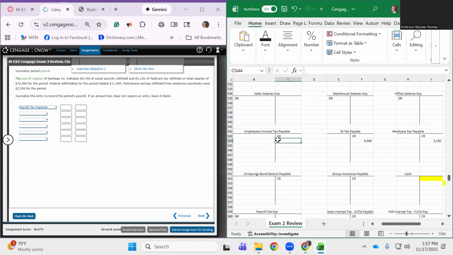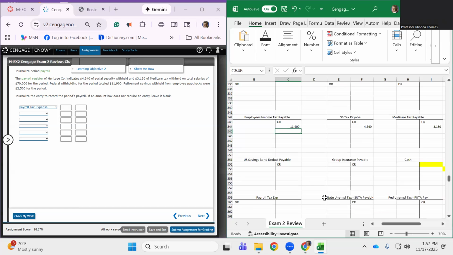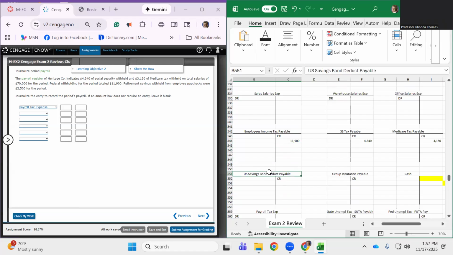Let's put the amount that they withheld for employees' withholding of federal income tax. And then we have one retirement savings, which we can put right here. Retirement savings payable. All right. So they withheld 2,500.